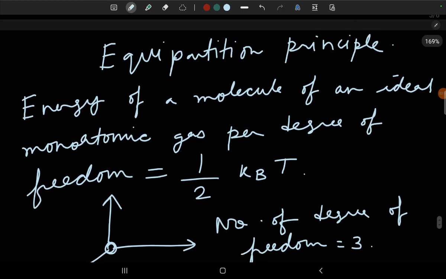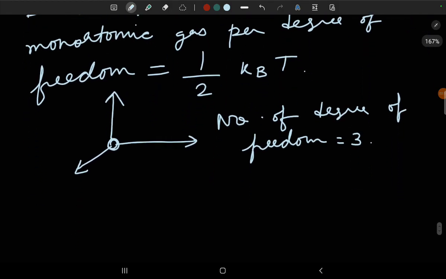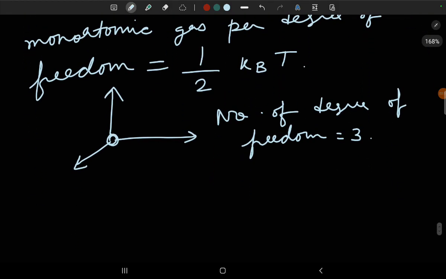And it's better if we don't say energy, but particularly use the word kinetic energy. Eventually we will realize that both the kinetic energy and potential energy of an ideal gas is 0, but to make ourselves clear, we will only use the word kinetic energy for now.